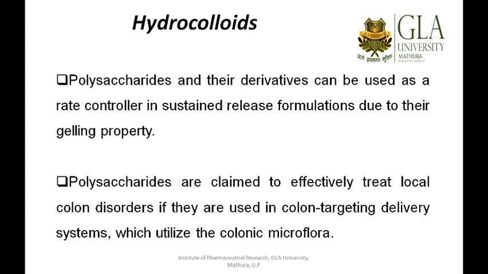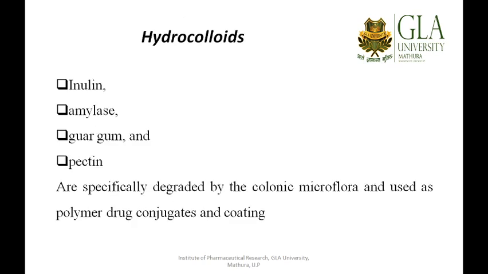So they will have a site specific release only in the colon, because no bacteria are available in the stomach, duodenum or jejunum. So they will not be digested there, and as the microflora is only in the colon, we will get a microbially triggered drug release formulation.